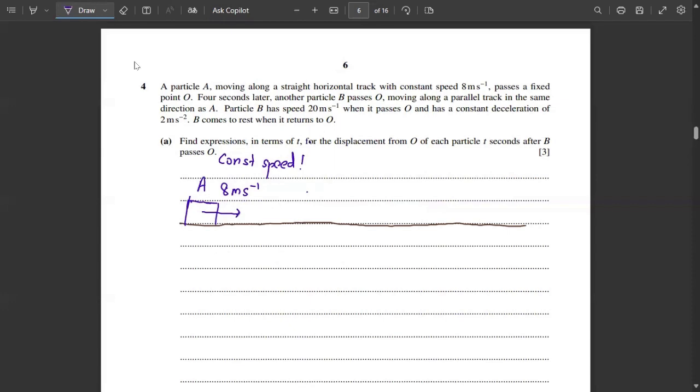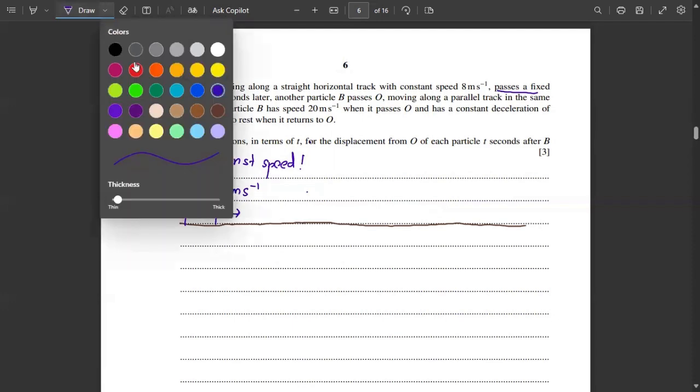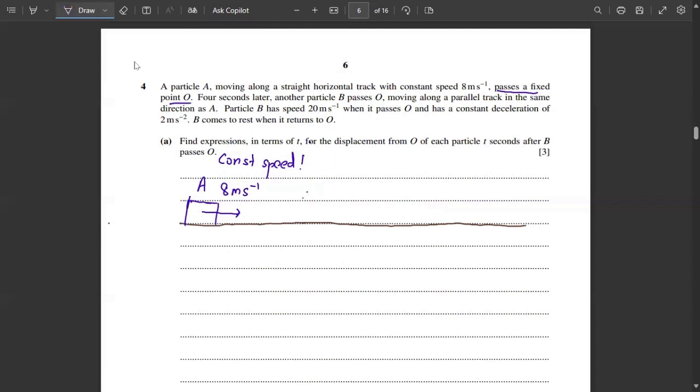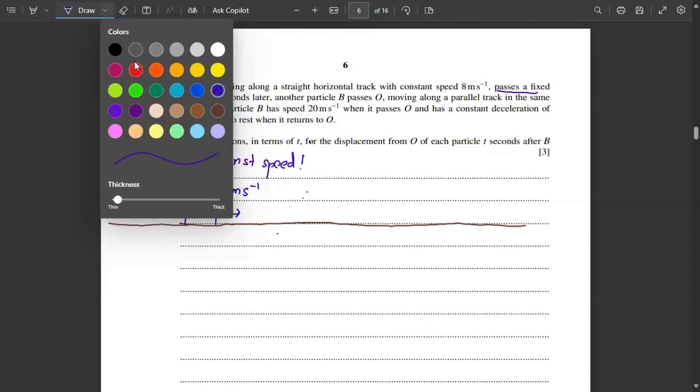Four seconds later, it passes a fixed point O. Okay, that means here, let me draw a horizontal track. This particle A passes the fixed point O. Let me use another pen to make the diagram a little more visualizable.